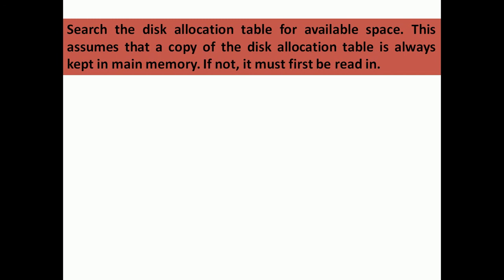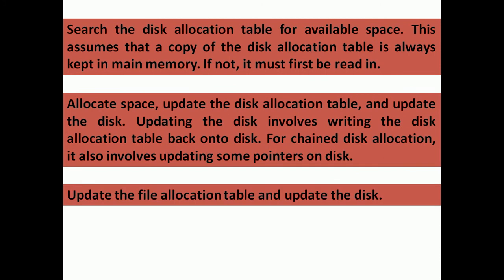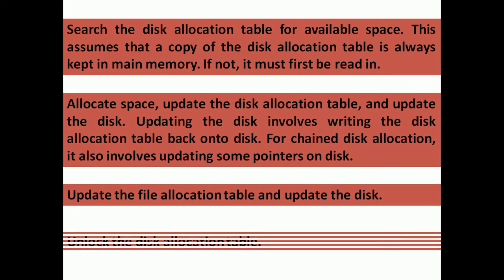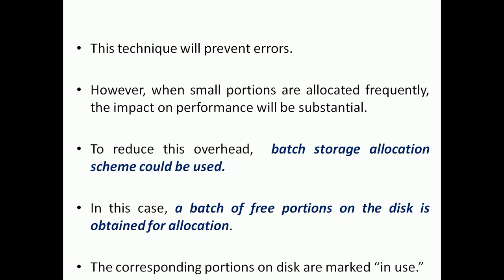Next, search the disk allocation table for available space. Then allocate the space, update the allocated status in the disk allocation table, and update the disk. Then update the file allocation table and update the disk. Finally, unlock the disk allocation table. This is how we can prevent these errors.